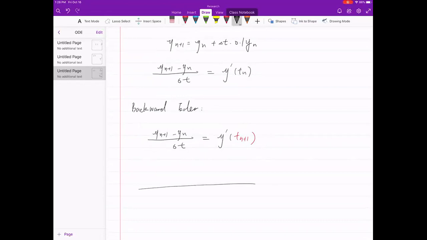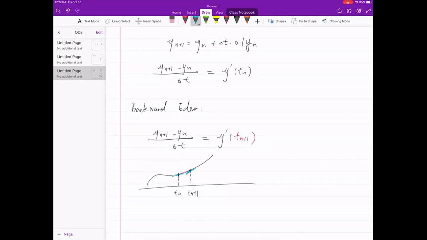What are you trying to do? You have some curve. You have Tn. You have Tn plus 1. Okay. You have a second line. Before, you were trying to use the second line to approximate the derivative here. Now I'm just saying, how about you use it to approximate the derivative here instead?